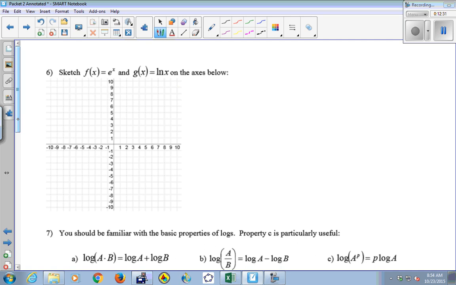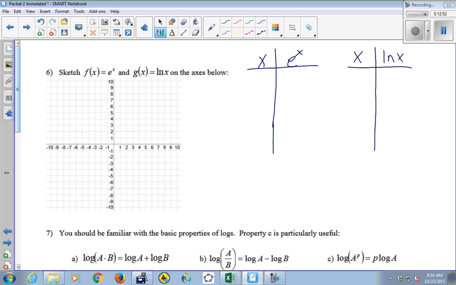Okay, so I'm going to sketch e to the x and ln x on the same set of axes using this mirror property. So I'll start by doing e to the x. Okay, so when x is 0, what is e to the x? 1. Yep.